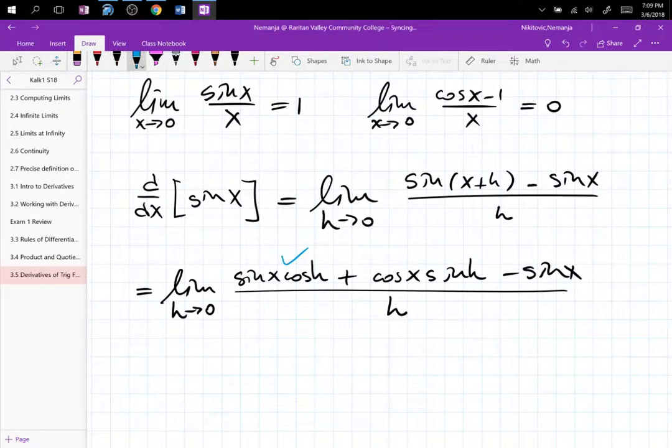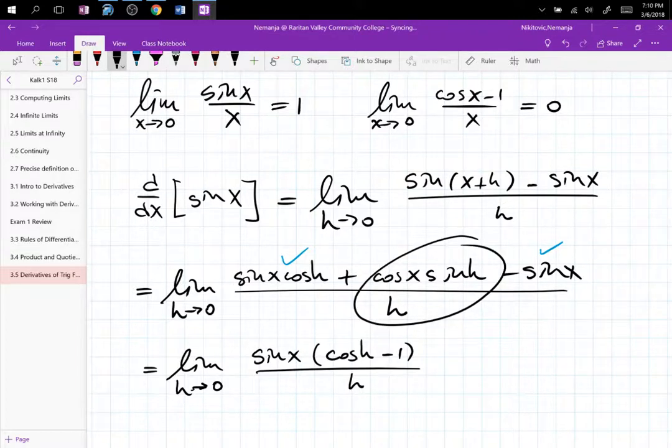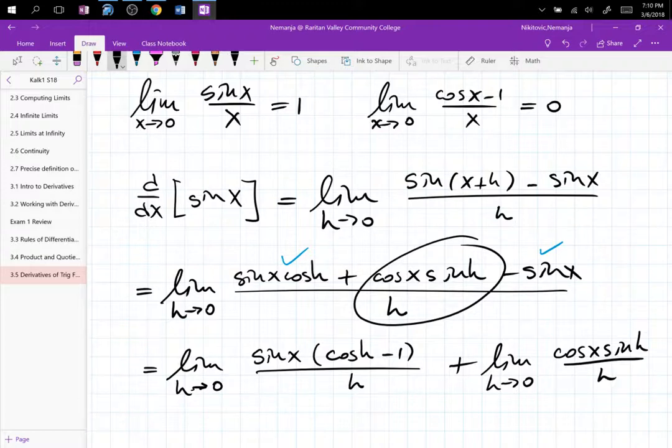Now we're going to take the first and the last term and factor out sine x. So we have sine x times cosine h minus 1, everything divided by h. I'm going to split this term as a separate limit because we can break limits over addition and subtraction. So I get cosine x sine h over h.